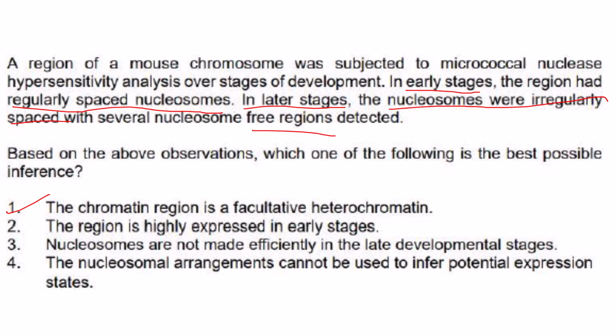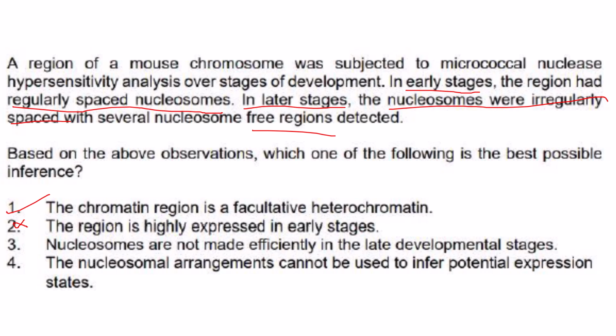The region is highly expressed in early stages. No, in early stages they have told it is regularly spaced in nucleosomes, it is packed. It is heterochromatin at that time, not euchromatin. So that is not correct. Then, nucleosomes are not made efficiently in the late developmental stages. No, it is not like that.